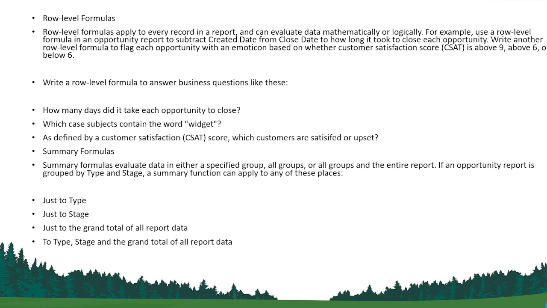Then you have summary formulas. The summary formulas will evaluate the data in a group, in a group of groups, or in a combined group. If the opportunity is grouped by type and stage, a summary function can easily apply to any of these places: just to type, just to stage, just to the grand total of all report data.